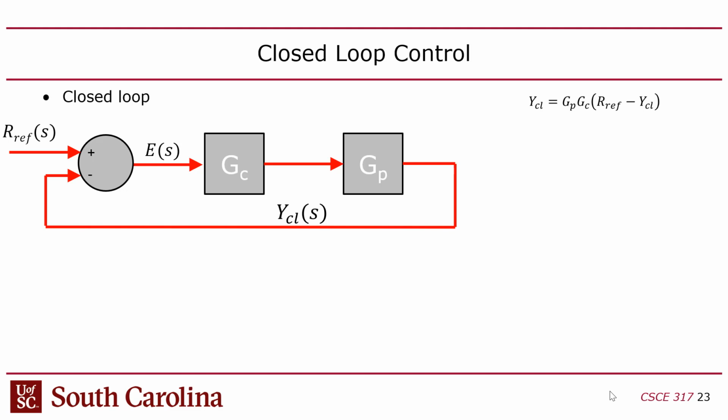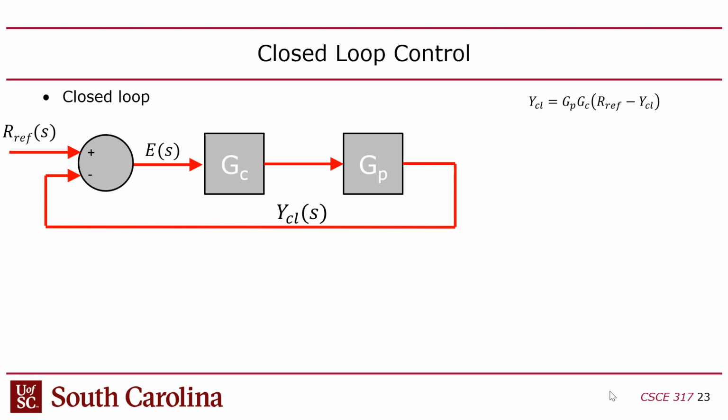Likewise, GC is GC over whatever the input is, E of S. So I'm using this shorthand where I just multiply these two transfer functions. And then the input here is ref minus YCL. That is the next thing in the chain, and it wraps around.